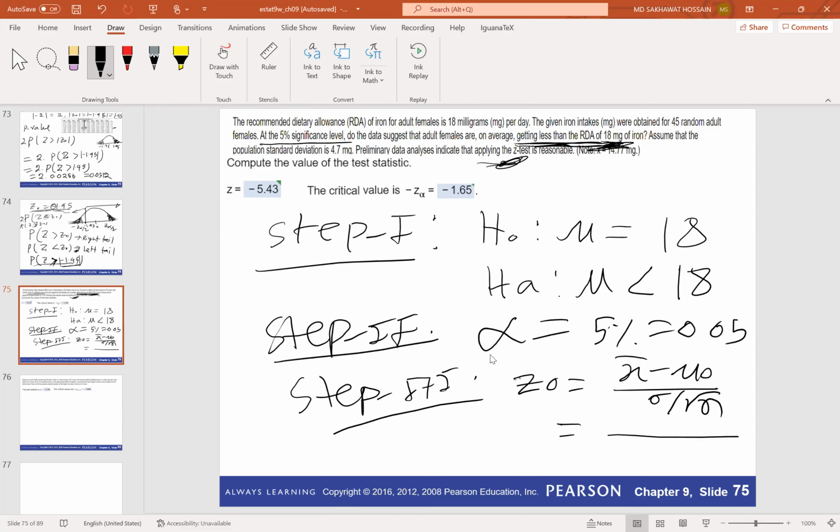So x bar is 14.77, minus mu 0 which is 18, over sigma which is 4.7 over square root of 45. If you simplify this, it will be negative 5.43.